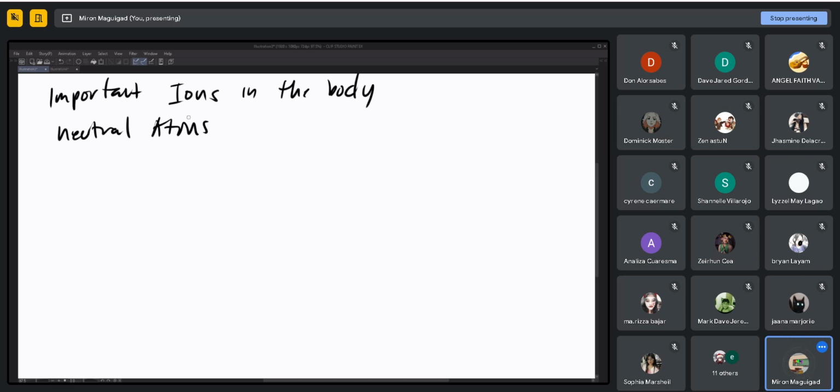Okay? So it means hindi sila isotopes. So what do we think might happen if the number of electrons in an atom changes? So ano mangyayari, sir? In a neutral atom, the number of electrons equals the number of protons.